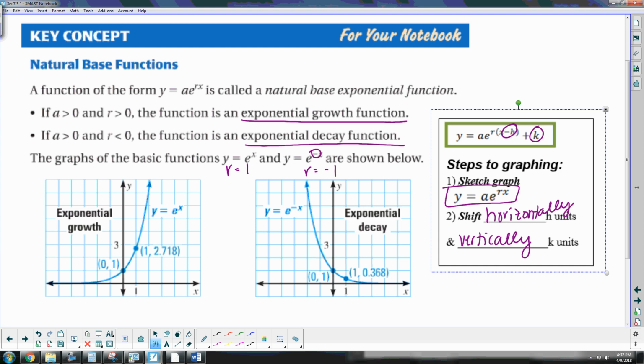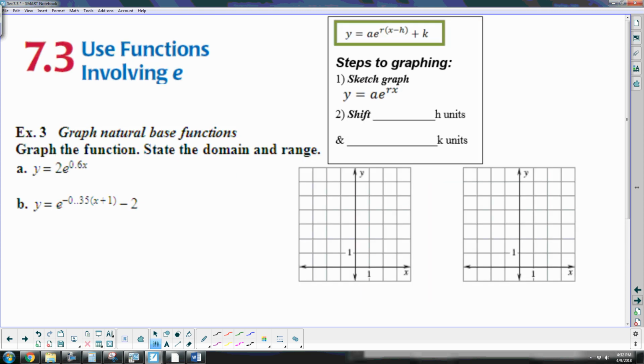Just like we've done in the past, except you have this extra step here of that r value. And if it's greater than 0, it's a growth function. If it's less than 0, it's a decay function. So let's look at a couple examples. So again, shifting horizontally h units, and vertically, up or down, k units.